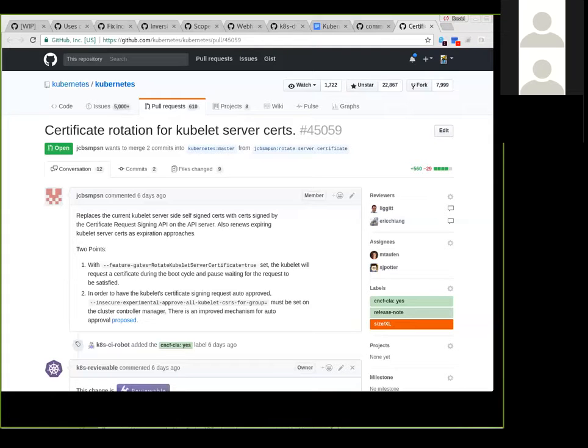We can then authorize that with a specific node name and a group that is allowed according to the subject access review. The group approver would allow it to approve the initial certificate.